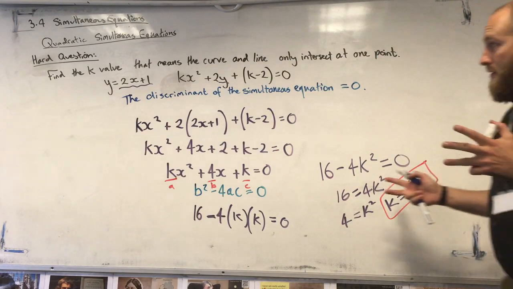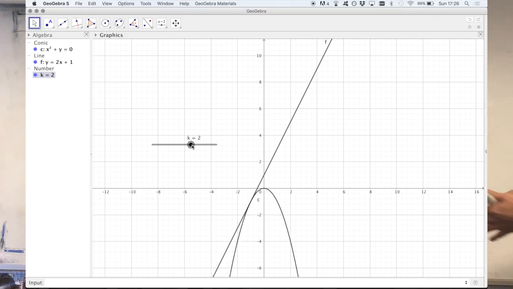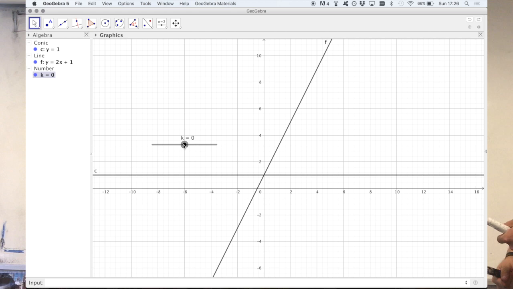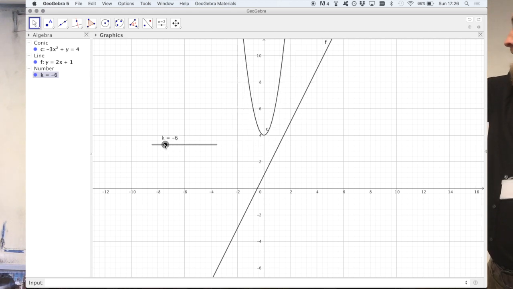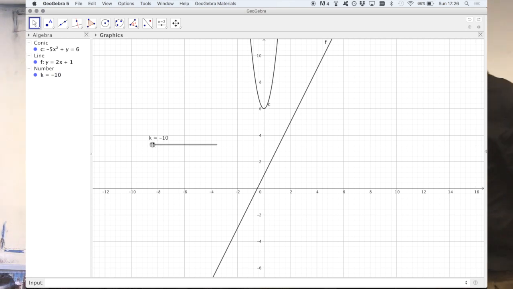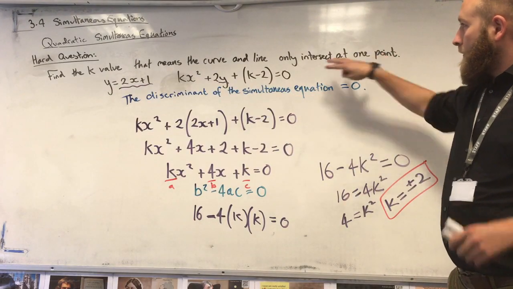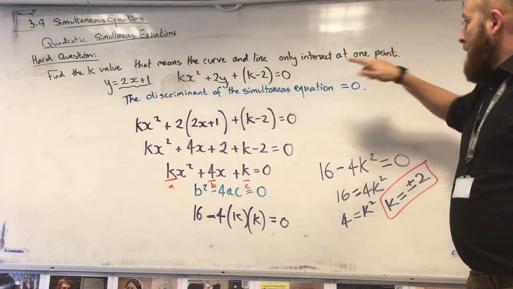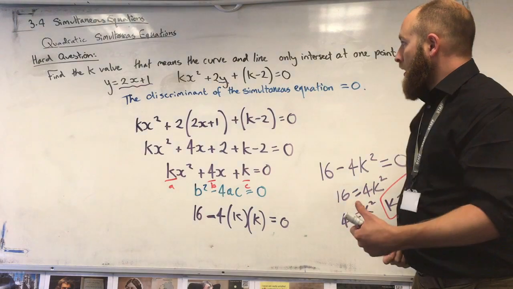And we can prove that using GeoGebra. So we'll put in k as a slider and show what all this means and show what we found. So just to recap, because they only intersect at one point, it means the discriminant of the simultaneous equation, because remember, the simultaneous equation is what's going to find where they intersect. And because they only intersect once, it means the simultaneous equation will only have one solution.